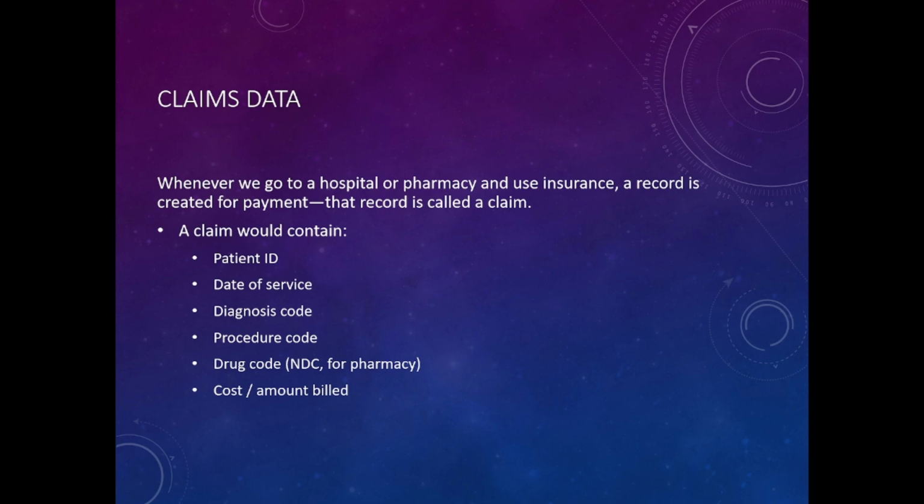What was the procedure undergone by the patient? There was a surgery, so in that scenario, we'll have a procedure code. What medications were administered to the patient during that period of admission? Then we'll have the drug codes. We'll also have the cost, which has to be collected by the hospital from the insurance company. So this is what claims data is about.